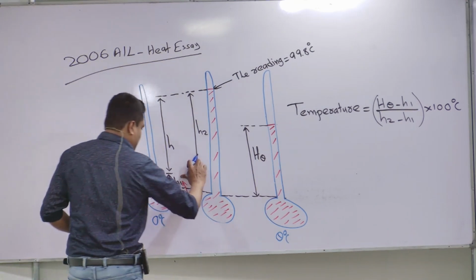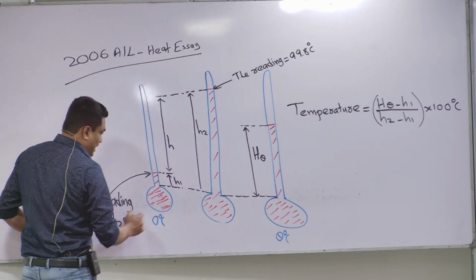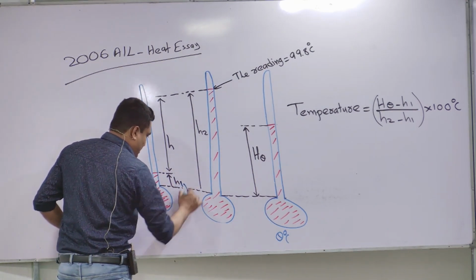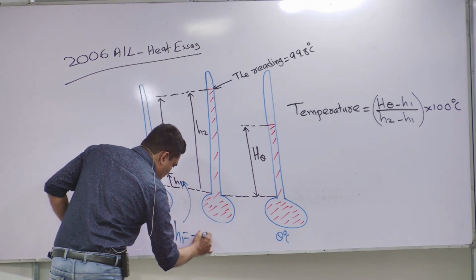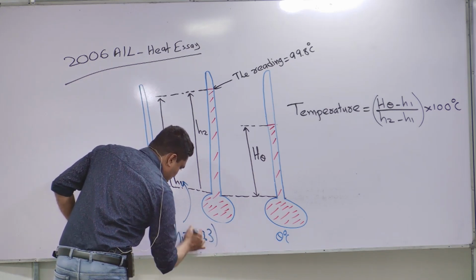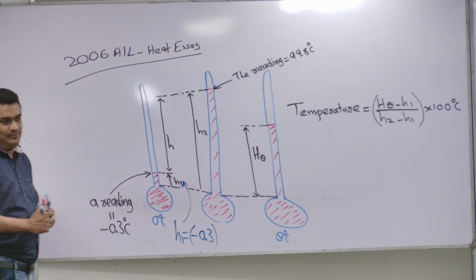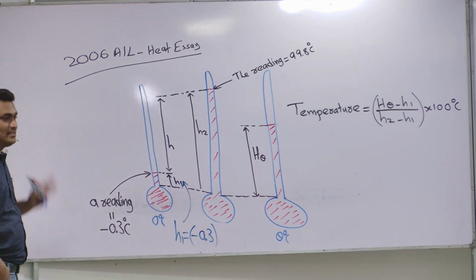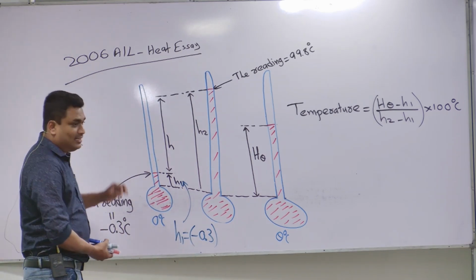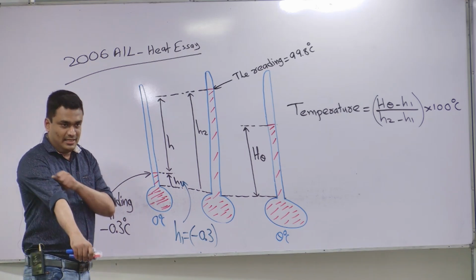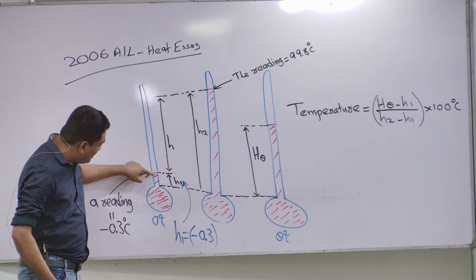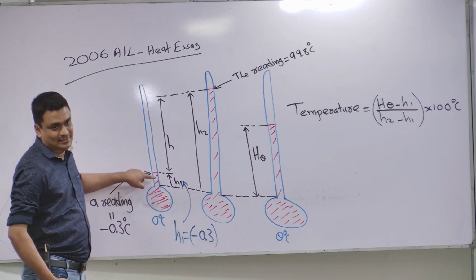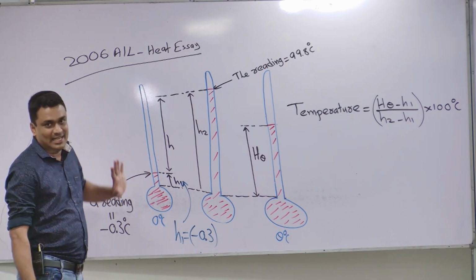Height is minus 0.3. It means if we take 1 centimeter as 1 degree Celsius, minus 0.3 means 3 millimeter below the 0 degree line.